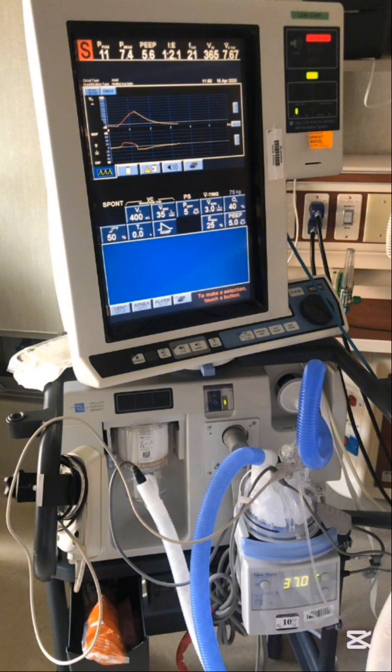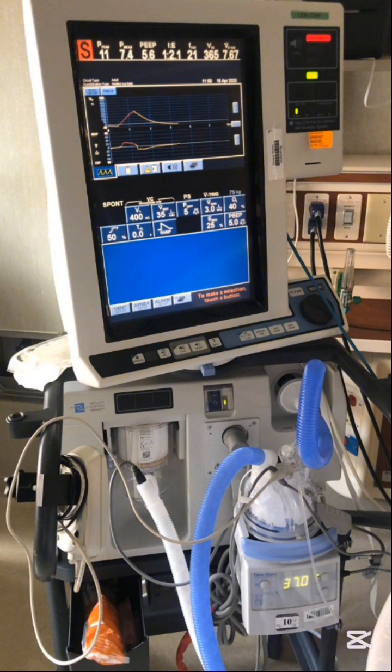And why is it so, when we are adjusting the patient on the volume control, why can we not adjust the pressure? The reason is that, for instance, if we are adjusting the patient on 450 to 500 ml of the tidal volume, the patient can have different lung situations. If the patient has stiff lungs, then the machine would have to deliver an increased pressure to give that 500 or 450 of tidal volume. But if the patient has compliant lungs, then the machine will deliver the reduced pressure.